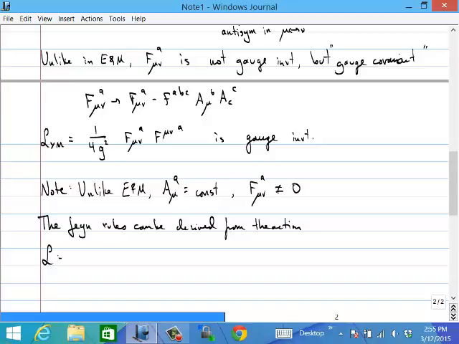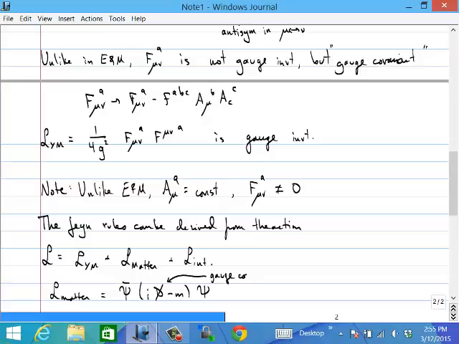So the total action will be given by the Yang-Mills action plus a matter action plus other sorts of interaction terms, where, for example, the matter action, if we have a Dirac fermion transforming in a particular representation of the gauge group, would just be the usual Dirac action with the replacement of D by a gauge covariant derivative.